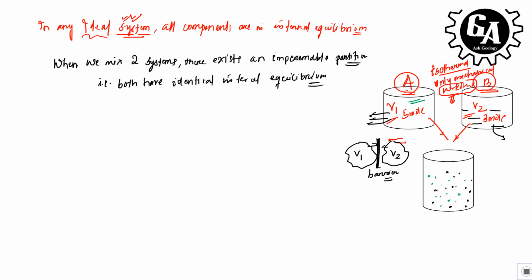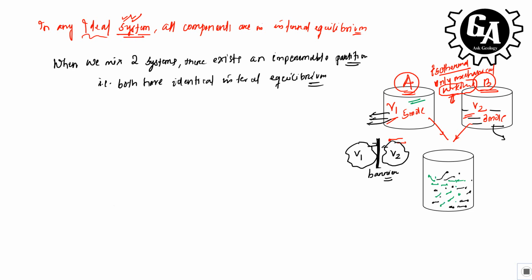But when we are mixing, the black molecules will try to move this side, and the green ones will also try to move inside, so there will be randomness created inside the system. So the barrier that was present initially will not be present after some time.